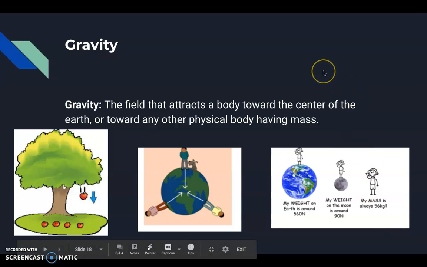The force of gravity for Earth is about 9.81. So you take your mass, multiply it times that force of gravity, and that determines your weight. That's why, if you were to ever travel to the moon, your mass would always stay the same, but your weight would be different.